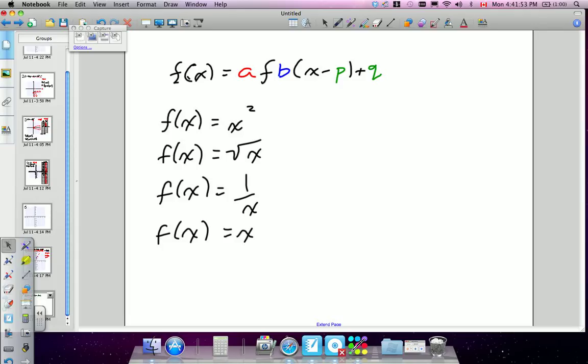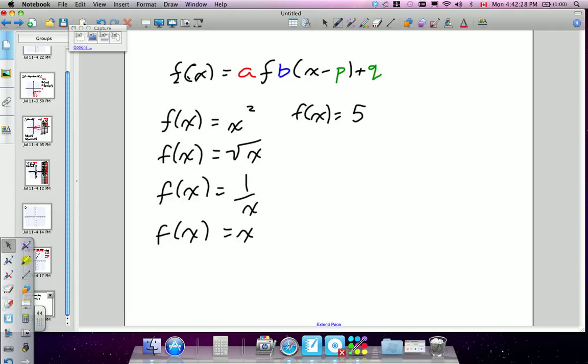It's just a straight line. So what they're saying is this function, see how it's squared, it's a square root, it's a division by 1, it's nothing essentially in this one. That can always change, but the numbers for a, b, p, and q are always going to affect the function the same. So for instance, I'll show you an example of this one here. f at x is equal to, and we'll underline them after, let's say we have 5.